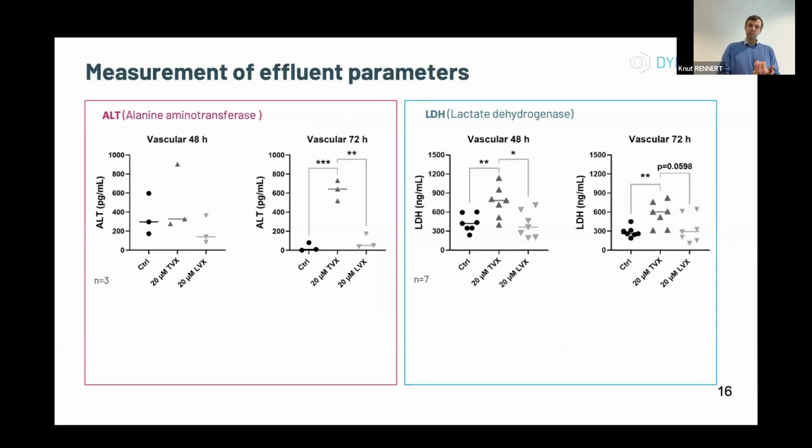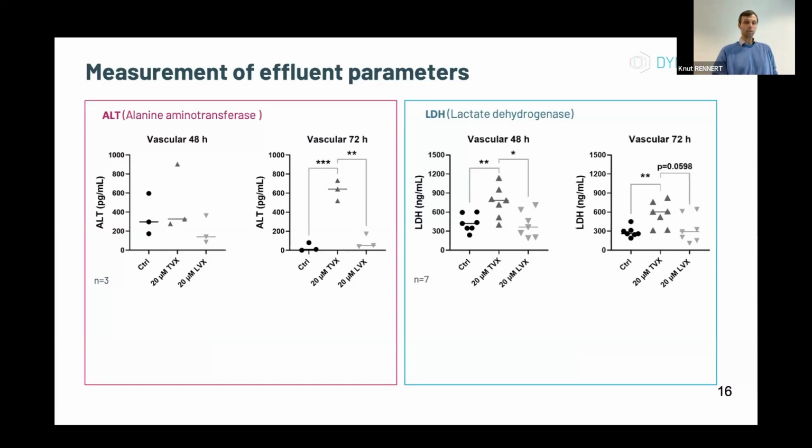Another step was then to measure damage parameters from the effluent. So you are able to sample at each time point you like from the system. Here we sampled from the vascular side and investigated how ALT release or LDH release will be affected by increasing concentration of the different compounds.